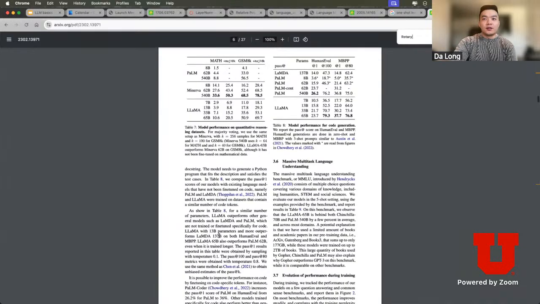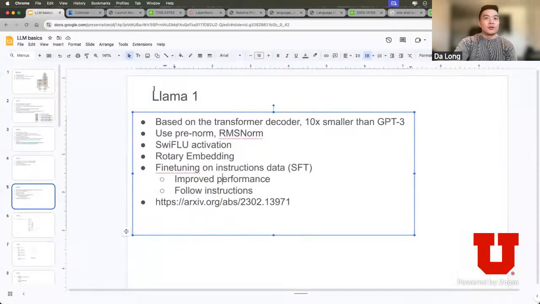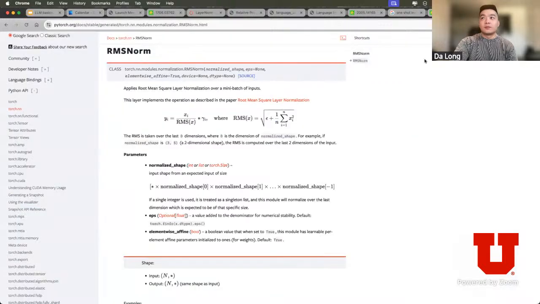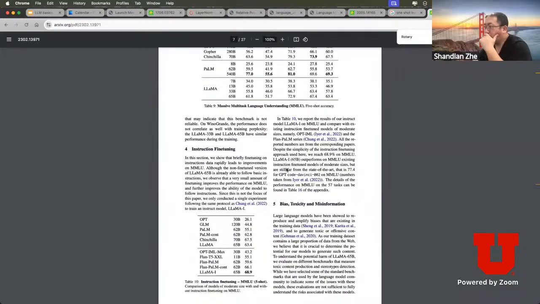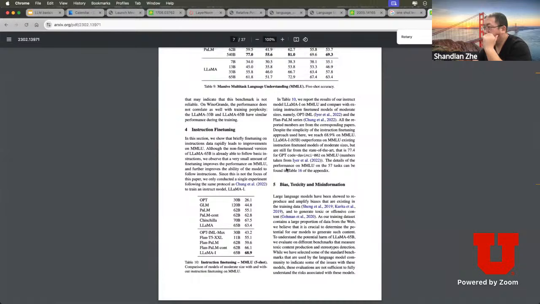They also do the fine tuning. After fine tuning, they observed the performance is improved, and the model is more prompt to follow instructions. But where do they get the instruction following dataset?